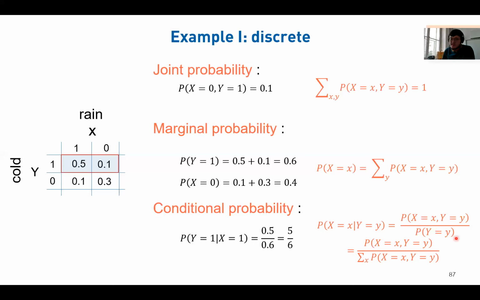And the denominator, quite interestingly, is actually a marginal probability. So here, P of capital Y equals y, you have to decompose it, expand it a little bit. Similar idea as this one, because here we focused on X and here we focus on Y, in the sense that you calculate the probability of Y being small y, irrespective of X. So then you consider all those possible outcomes of X, and then you sum it up.